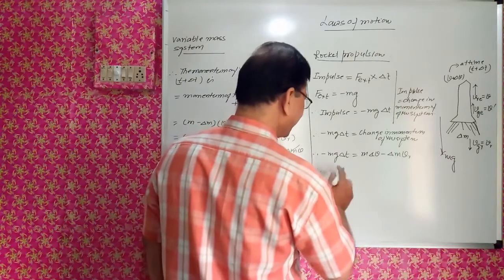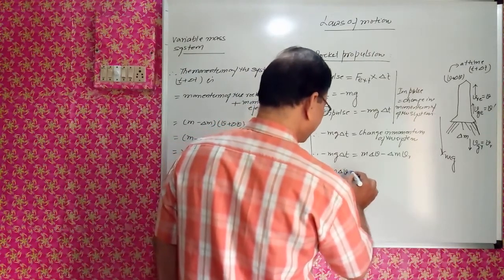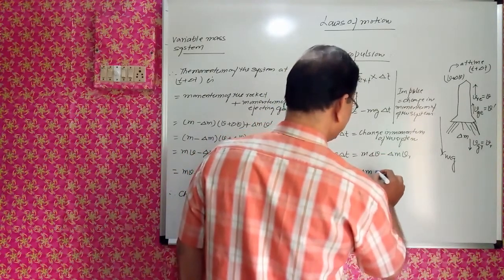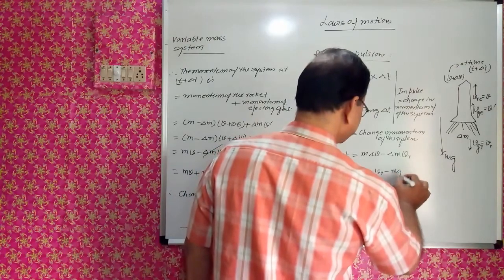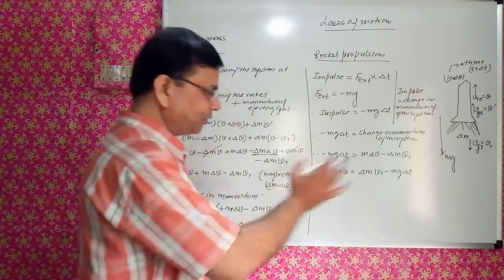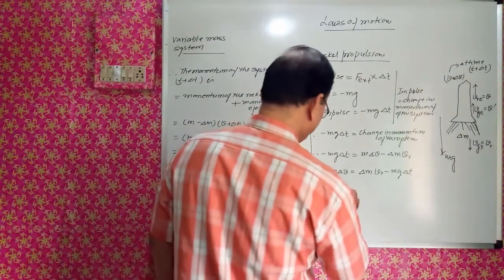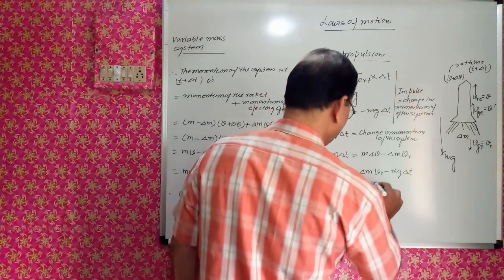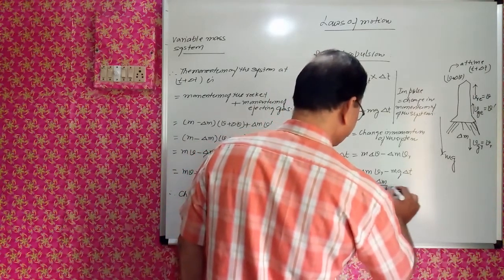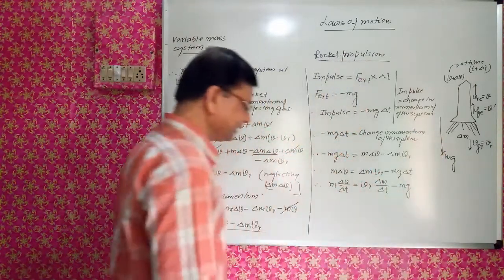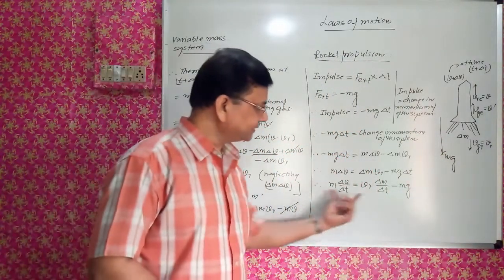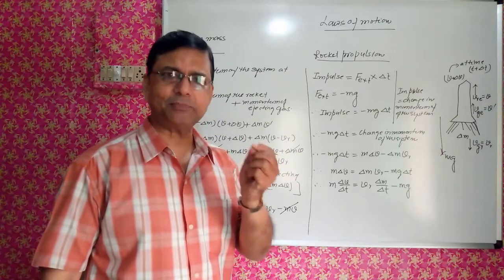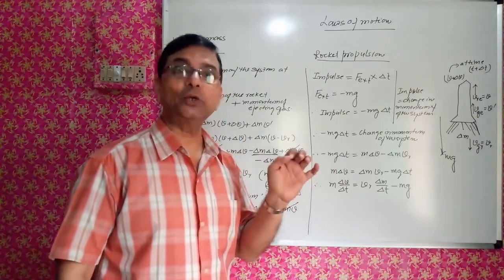Therefore we can write m delta v is equal to delta m vr minus mg delta t, transferring this term. Divide the whole equation by delta t, and we get m delta v upon delta t is equal to vr delta m upon delta t minus mg. For this duration delta t, this is the equation we got finally. If this duration is infinitesimally small, limiting to 0, right?